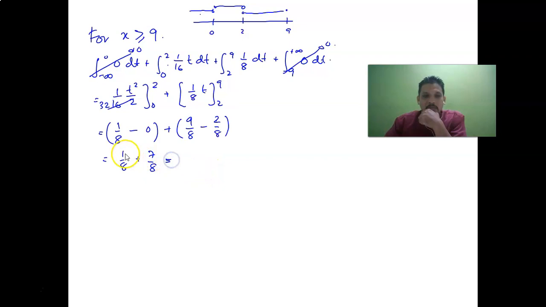So look at this one here now. 1 over 8 plus 7 over 8 equal to 1.